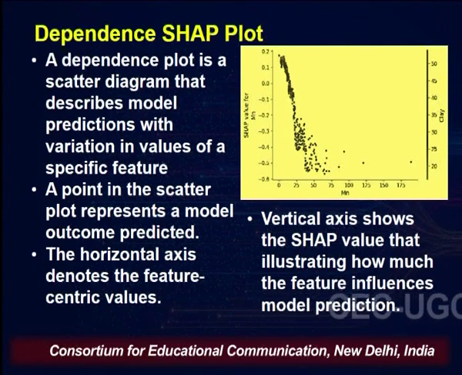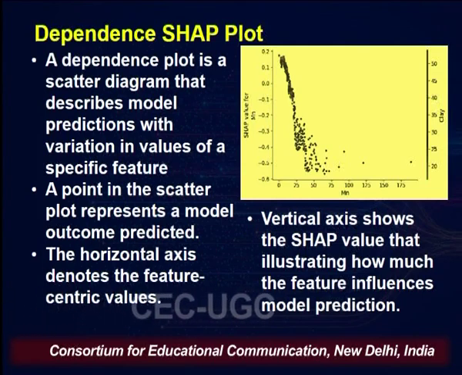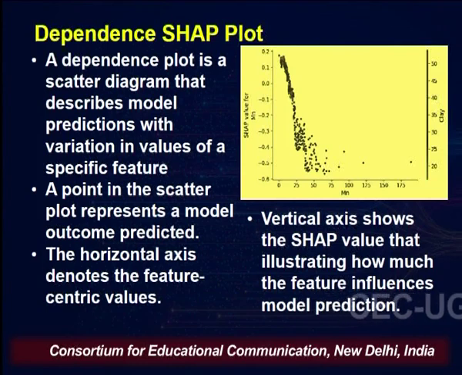A point in the scatter plot represents the model outcome, and the horizontal axis gives you the feature value. And the vertical axis shows the SHAP value, showcasing how the feature is influencing the model predictions.